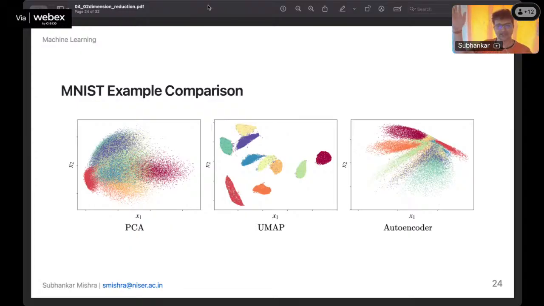If I drop the entire 28 by 28 dimensions into just two dimensions, UMAP is still able to tell that some data points are closer and definitely far away from other data points. So I can map this is 1, this is 2, and this is 3.